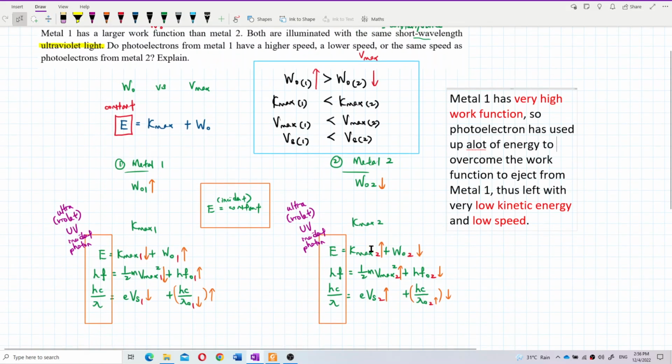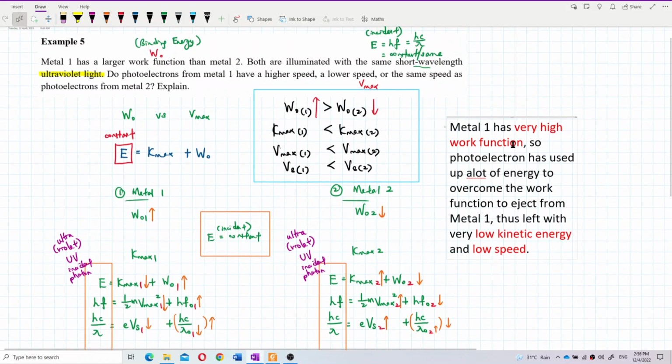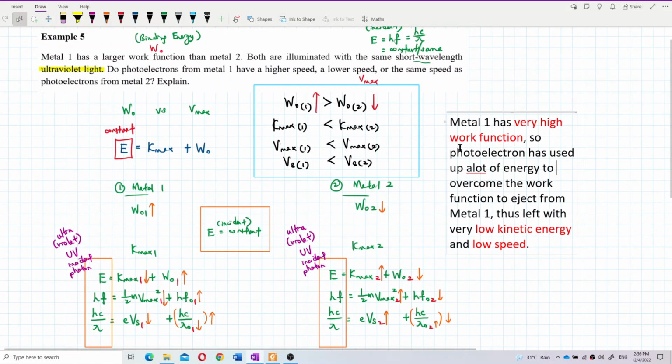Okay. So why did I write so many things over here? I don't just want to compare work function versus speed. I also want to relate other things, like the threshold frequency, the threshold wavelength, what will happen, and the stopping potential. So that is other things you can get from this equation. So many things can be obtained from the equation: threshold wavelength, threshold frequency, work function, Vmax, Kmax, stopping potential.